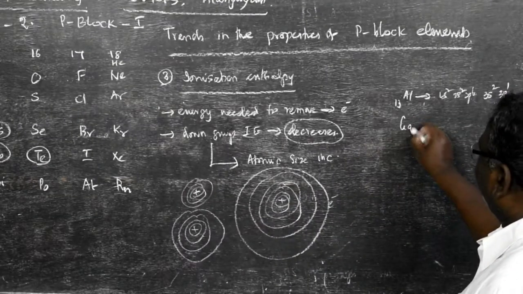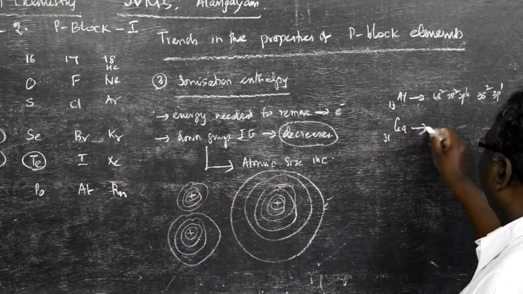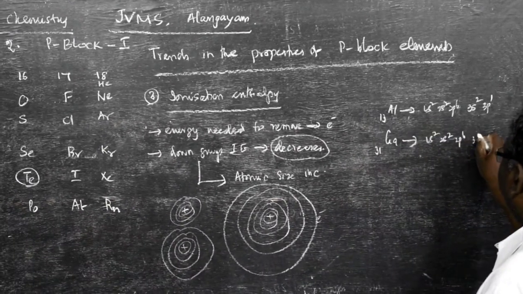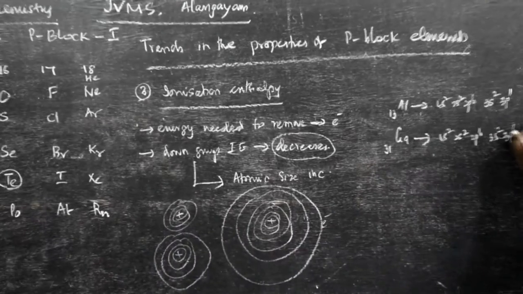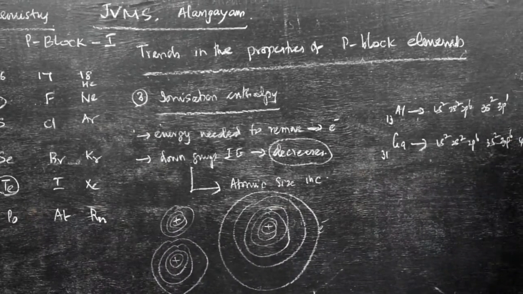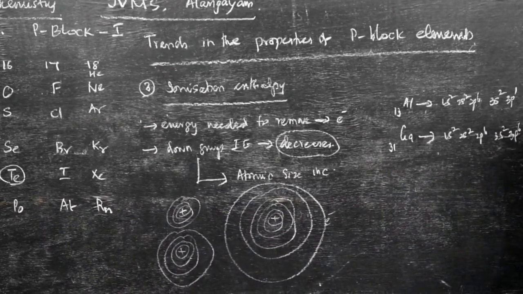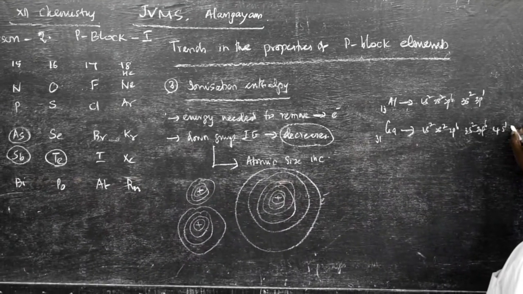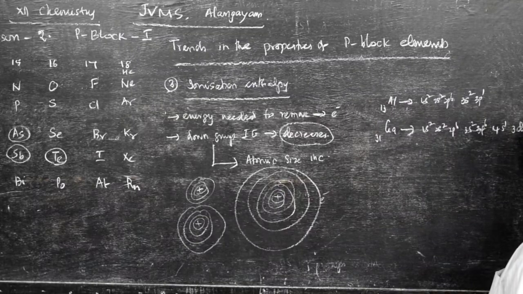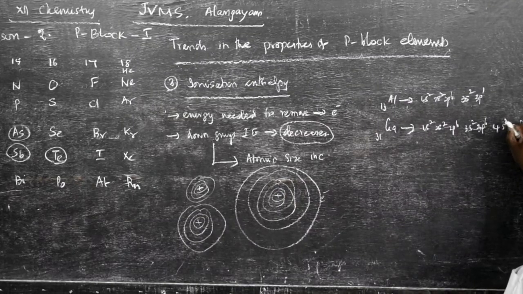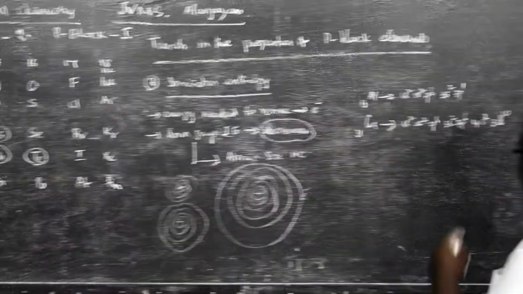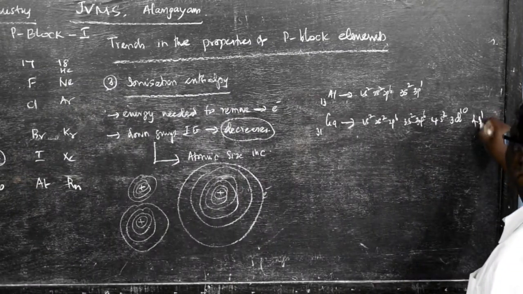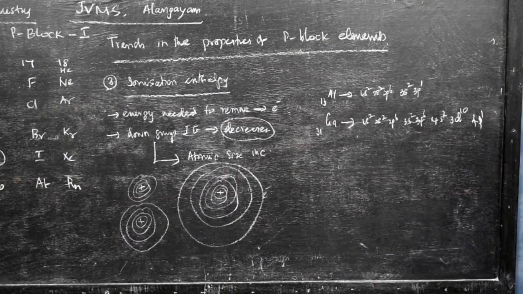Whereas gallium is 31, so it is 1s2, 2s2, 2p6, 3s2, 3p6, 4s2, 3d10, 4p1. So this is how it goes.